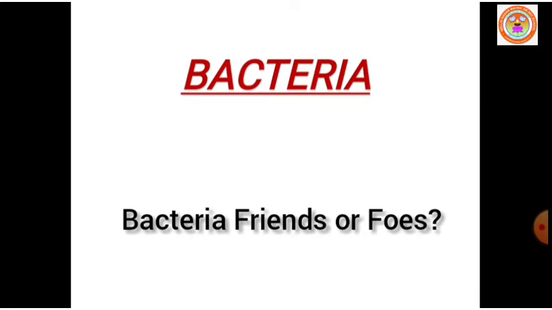They are found in soil, water, air. They live in decaying organic matter of plants and animals, animal waste, cow dung, cattle dung. They live in the intestine of human beings.